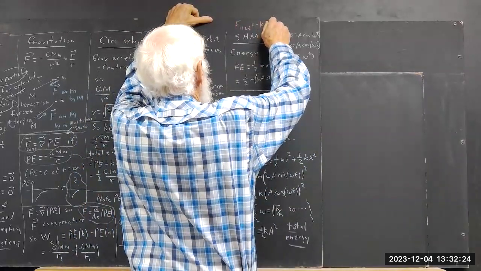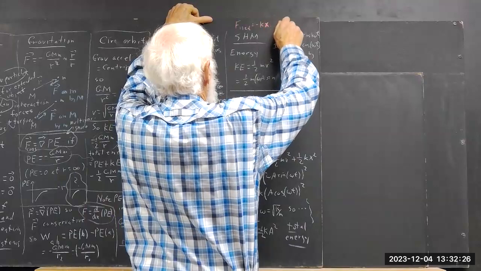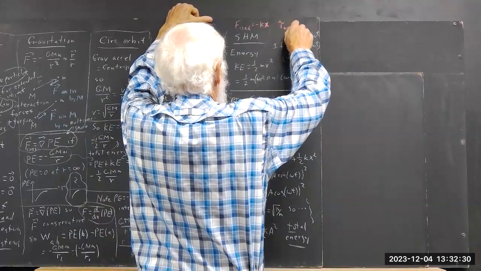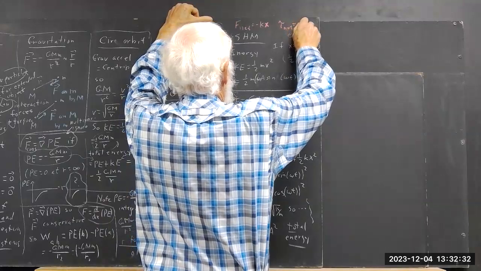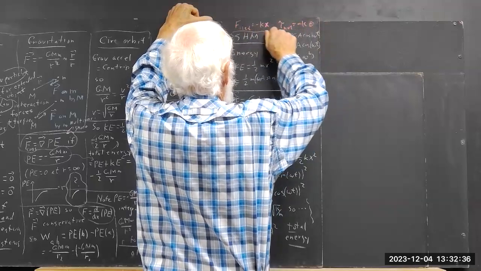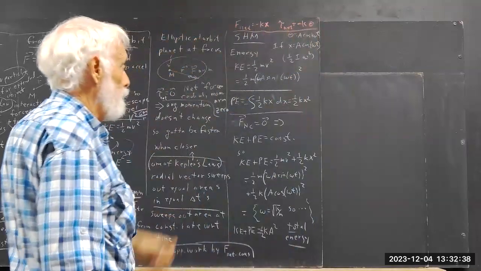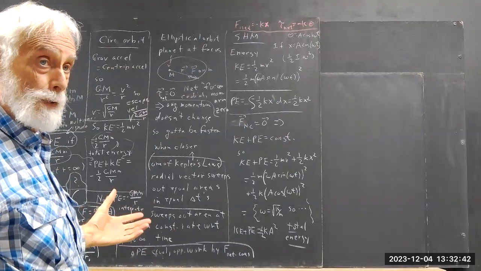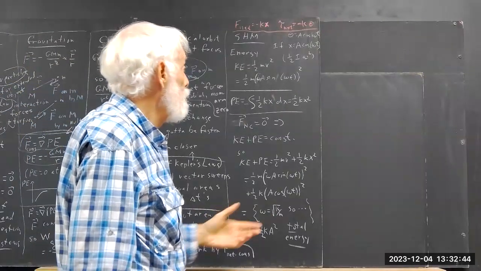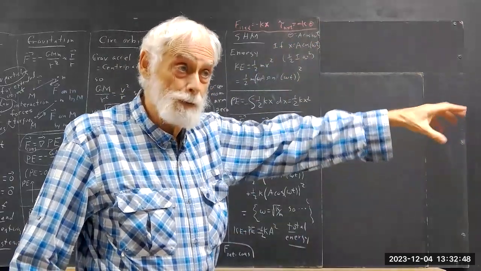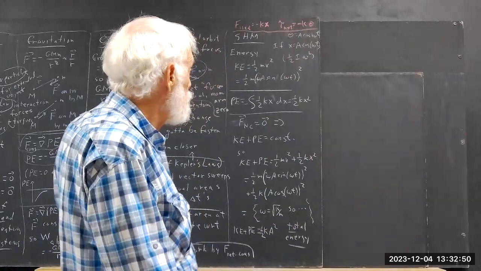And that equals negative k theta. Either way, you get the same form. You get theta equals A cosine of omega t plus phi if you need to include the phase angle.